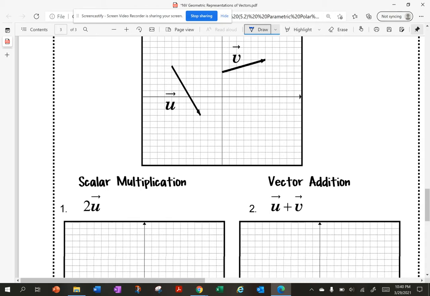So I'm going to break down vector u. The horizontal is 4 to the right, and the vertical is 8 down.